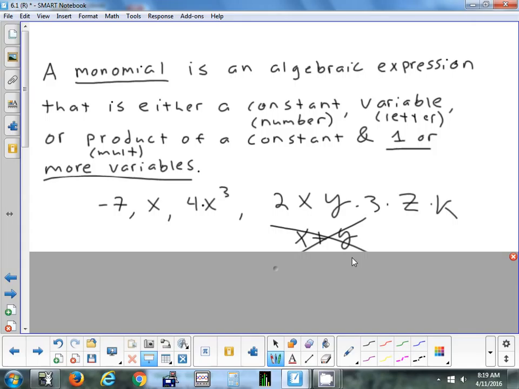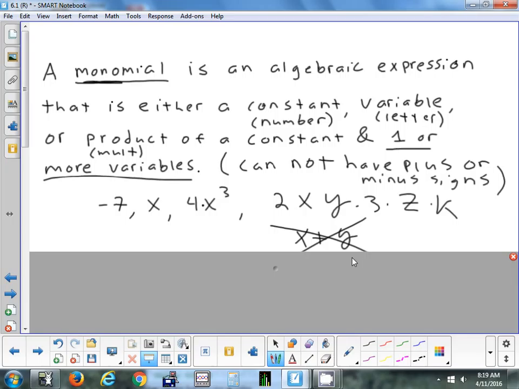So I'll just put that. You cannot have plus or minus signs. If you put plus and minus signs, that still is called something, but it's no longer mono. Mono means one by itself. If you put a plus sign in, how many things do you have now?